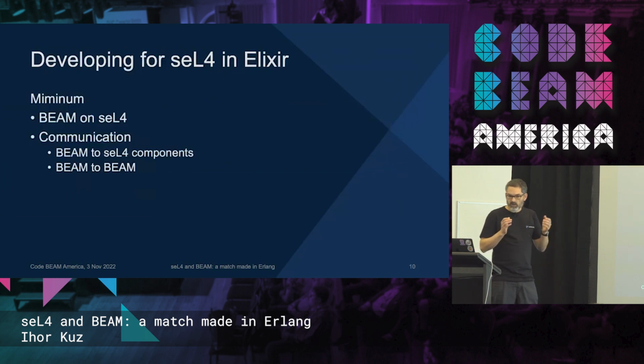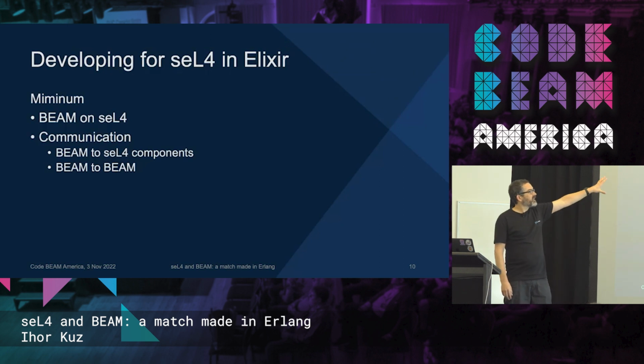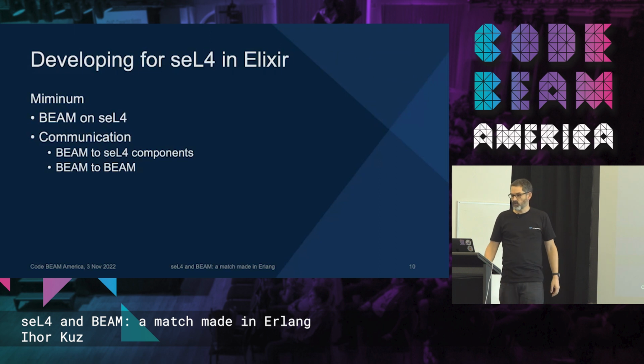So that's what we want. What does it mean in practice? How do we get there? Well, the minimum thing we need in order to be able to develop for seL4 in Elixir, to write Elixir programs that will run on seL4, is we need Beam running on seL4, and then we need to have this communication from the Beam to different seL4 components or other Beams running on seL4.